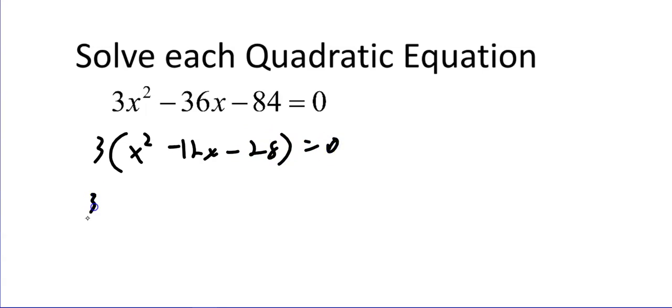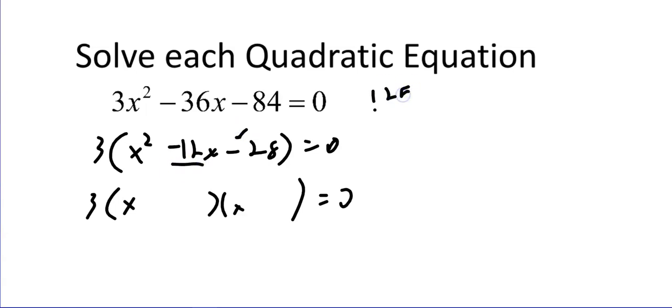Now, we still bring the 3 down, but this is much easier to factor because now it's got to be x and x. I need numbers that multiply to give me 28 that differ by 12. So 1 times 28, 2 times 14, we got it. There it is right there. 14 minus 2 is 12. 2 minus 14 is negative 12.